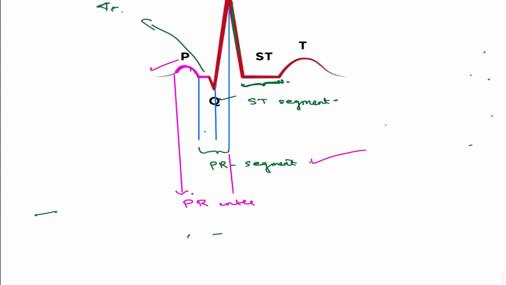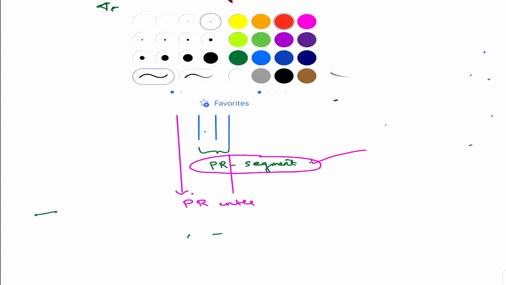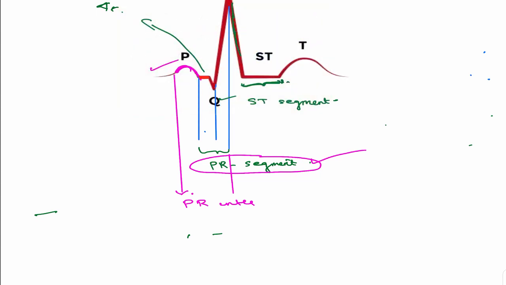The PR segment is from the end of the P wave to the starting of the R, or the starting of Q if Q is present. This basically signifies AV nodal depolarization.